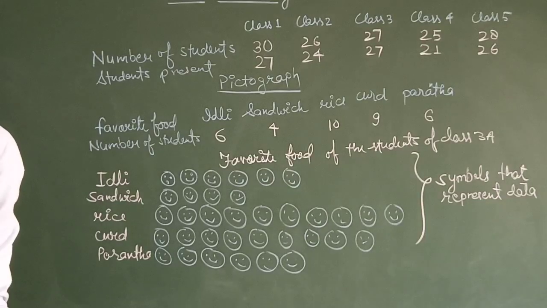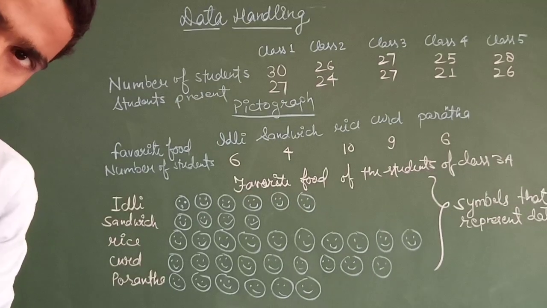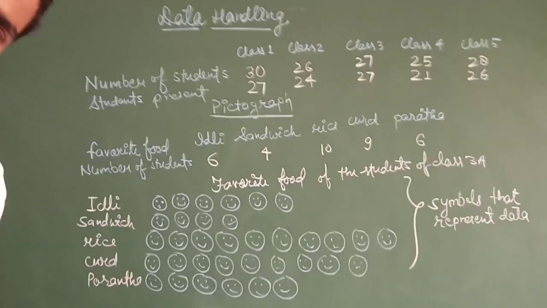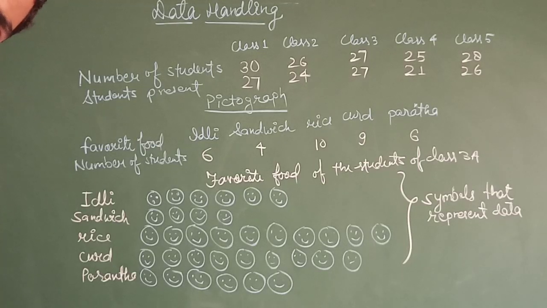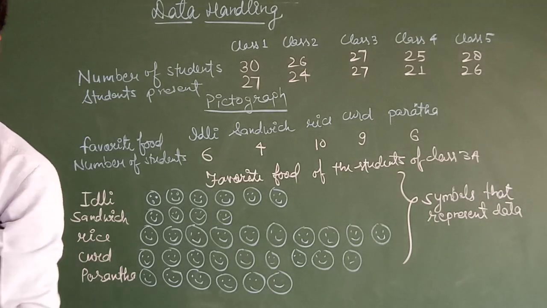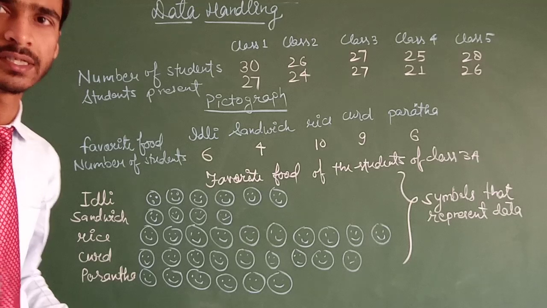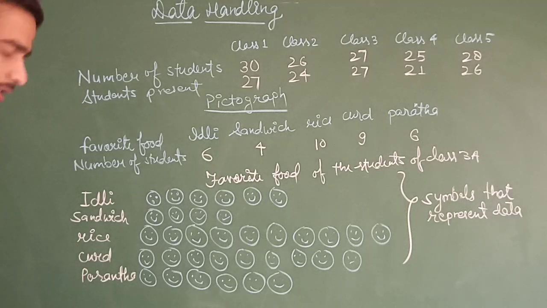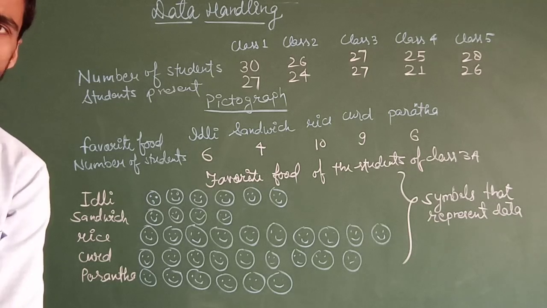Now there is a description of the symbols: in this data, 1 smiley stands for 1 student. And now there are some questions also.